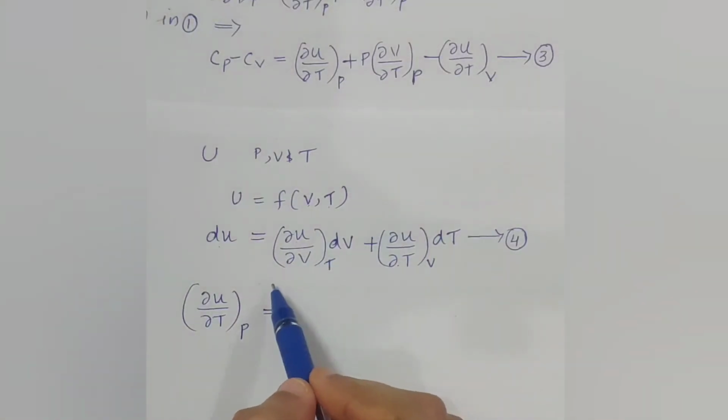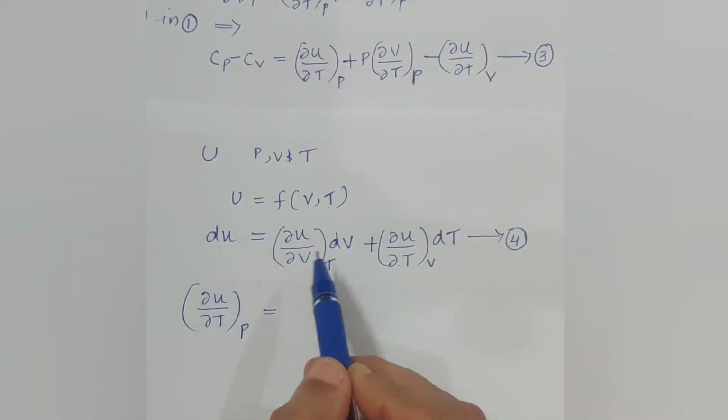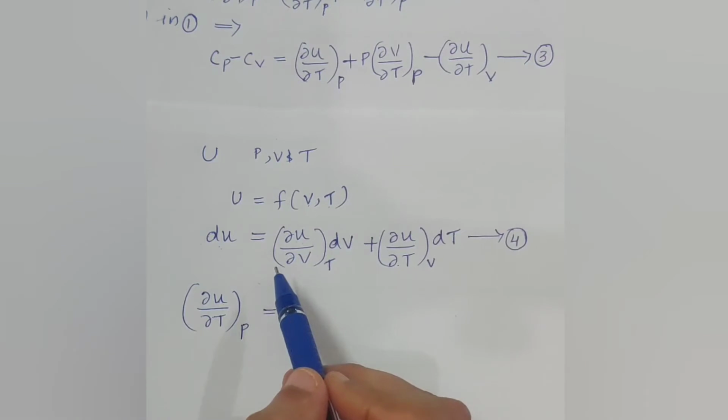Next, we are dividing both sides of this equation by dT and imposing the condition of constant pressure.